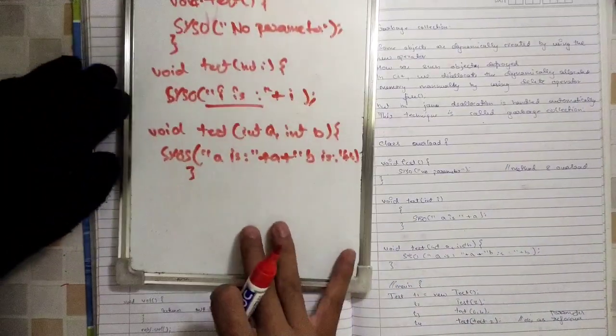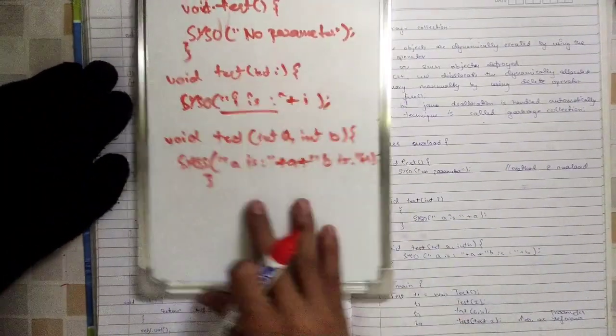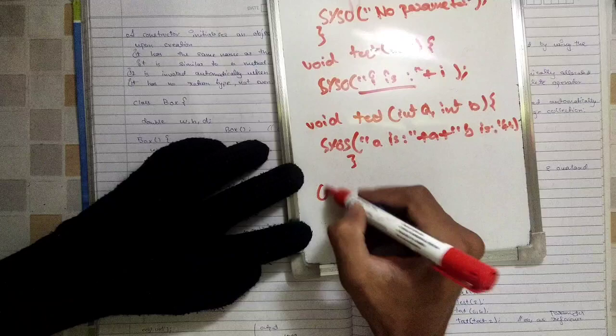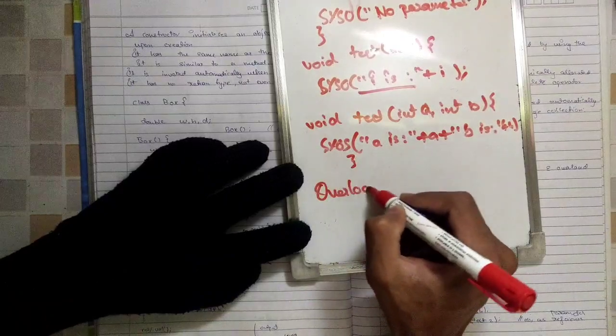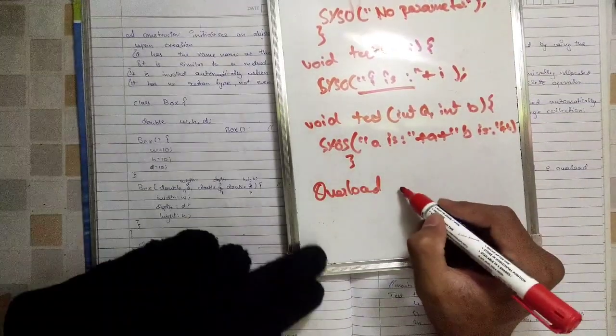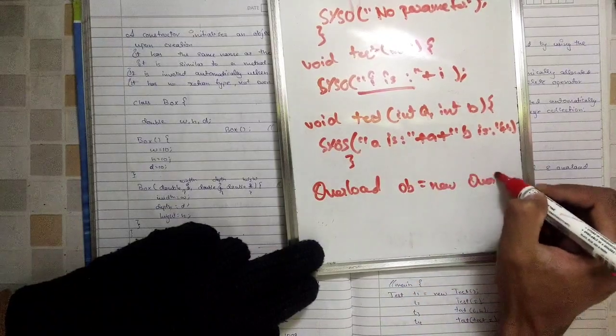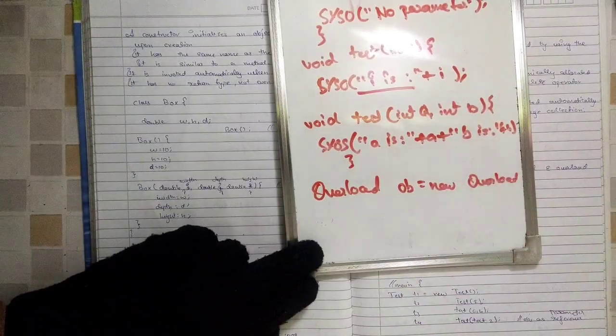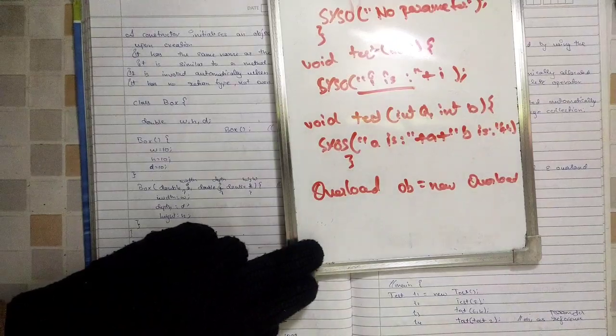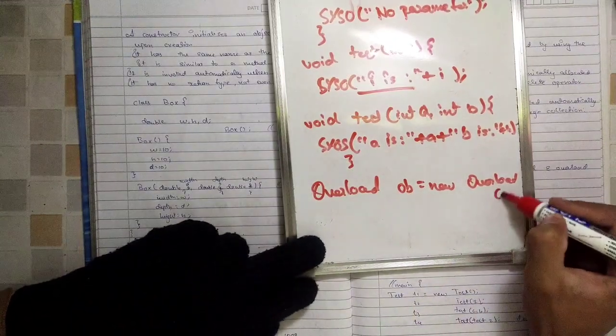Now I have created an object. See here, class name Overload, Overload ob = new Overload. I created an object of Overload and I didn't pass any parameters.